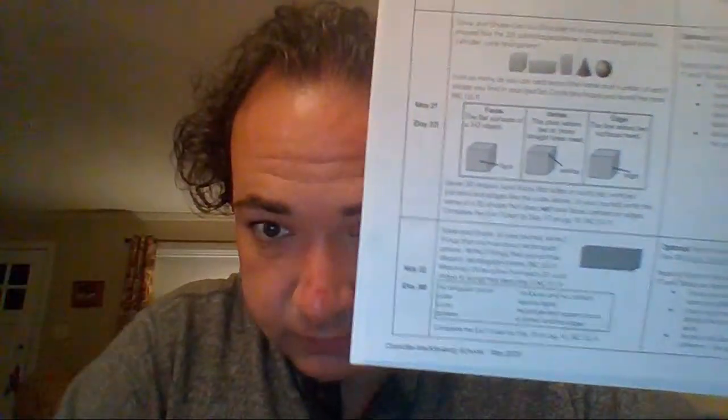You have it on your packet as well. There are words that would describe a rectangular prism, a cube, a cone, and a sphere, and you're going to do a matching activity. It looks like this, down there in that box. That will be underneath the video, and then you're going to do the other part in your journal.